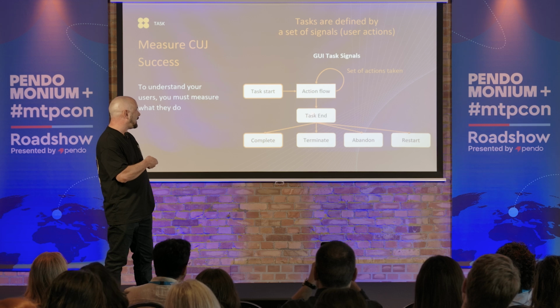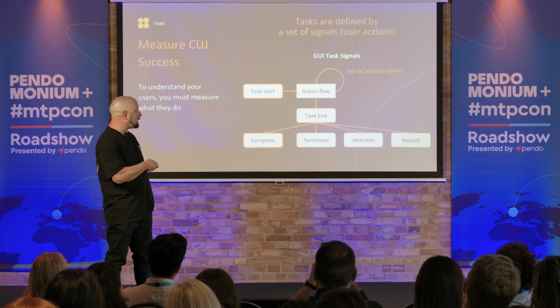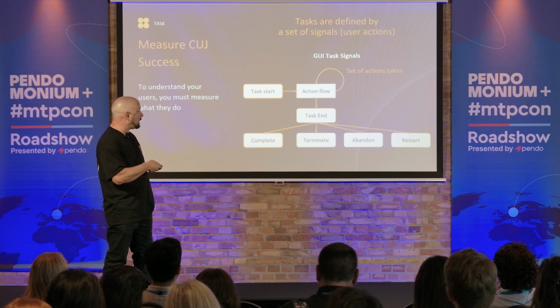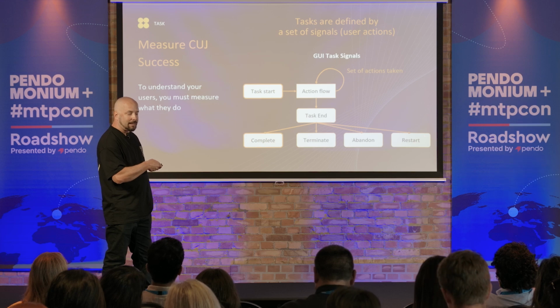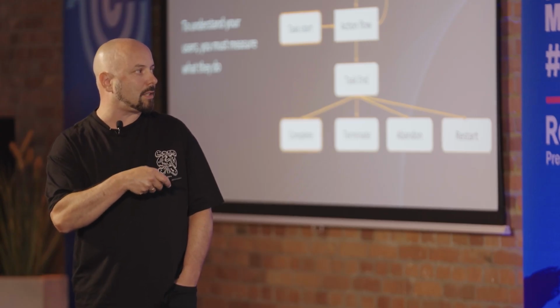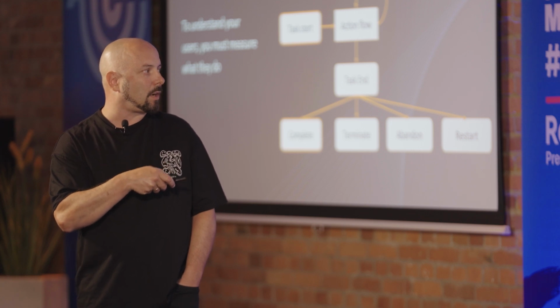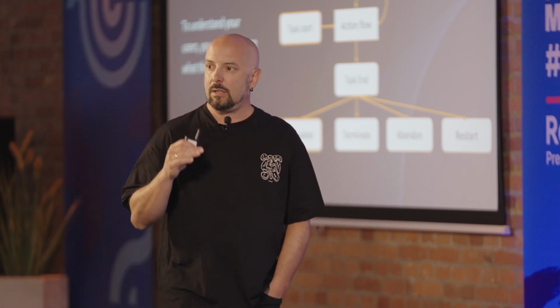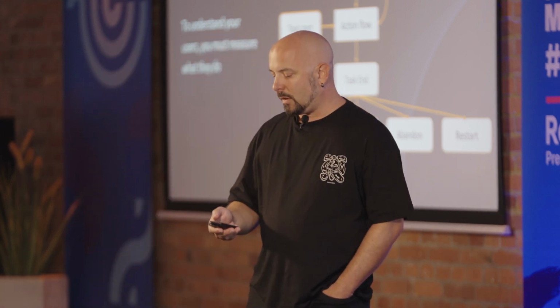And the task ending is not only completion or failing. It can be that something happens and it's terminated, it can mean that they abandon it themselves, or it can even mean that they restart the entire task. You need to understand all those states, all the actions in between the start and the end, and then you're measuring your CUJs with logs.